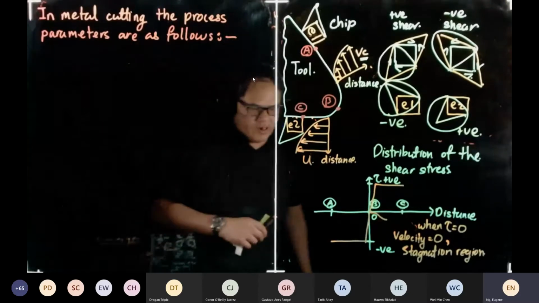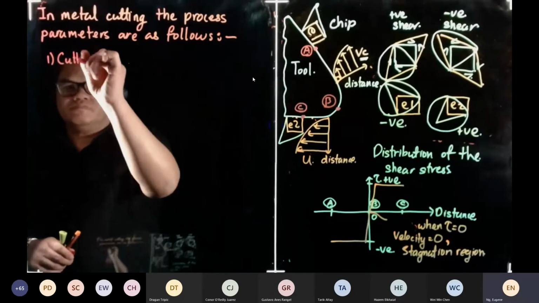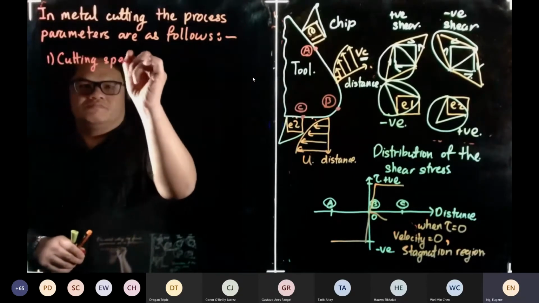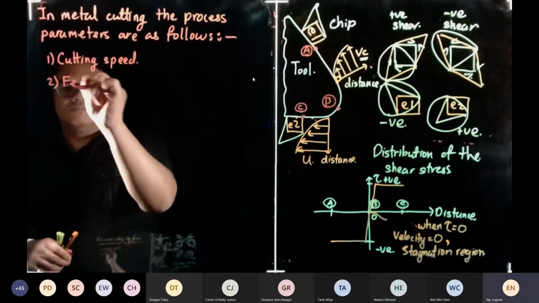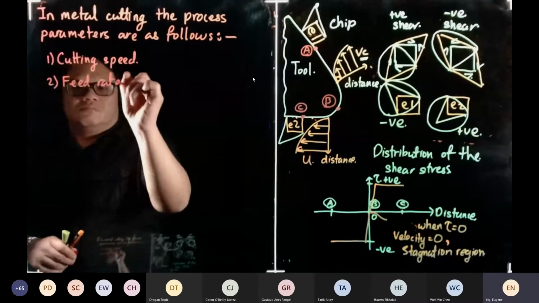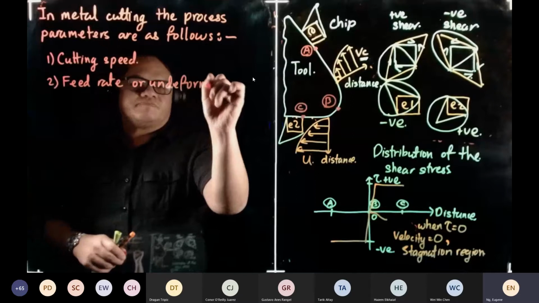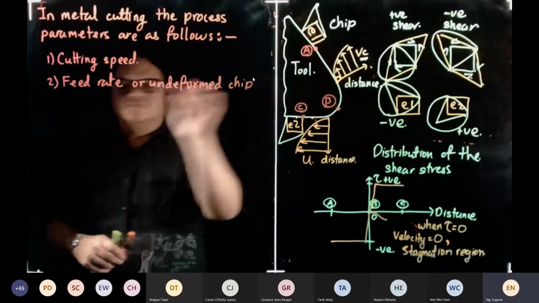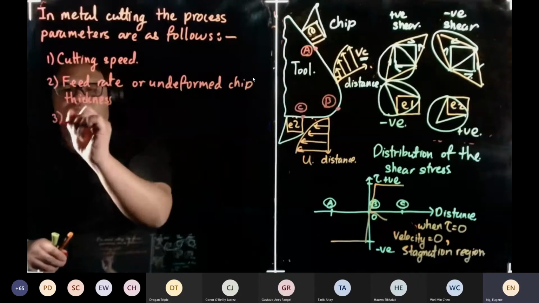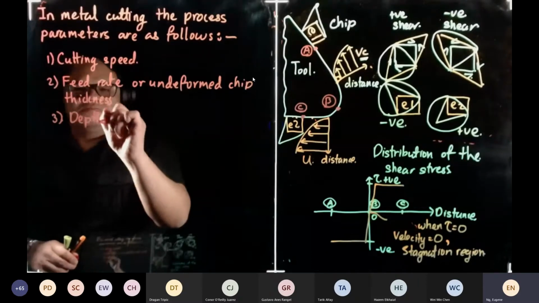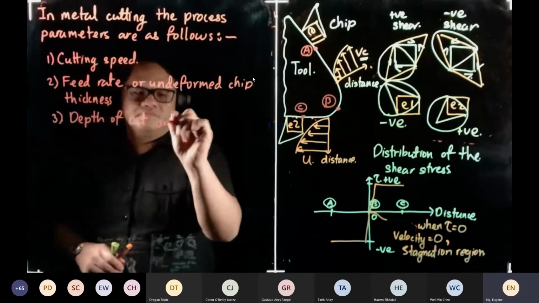Okay, so what are they? So you have 1, cutting speed, feed rate or undeformed chip thickness, we have depth of cut, or sometimes we call it width of cut.